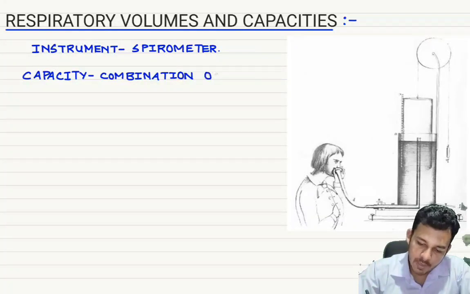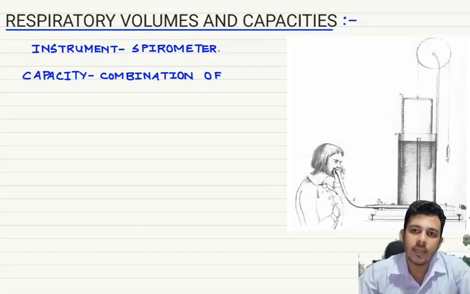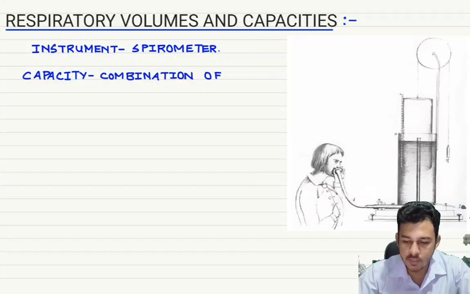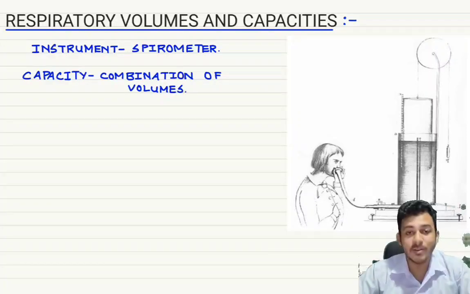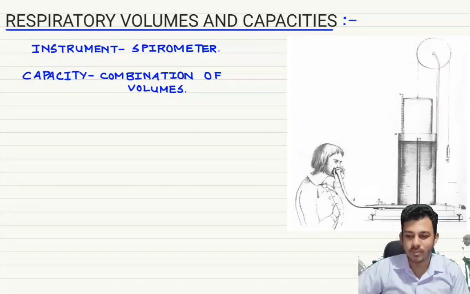But when you combine those volumes, suppose you combine tidal volume and inspiratory reserve volume, whatever forms is known as inspiratory capacity. So capacity is nothing else but a combination of volumes. So all capacities are formed from volumes, but not all volumes are capacities.